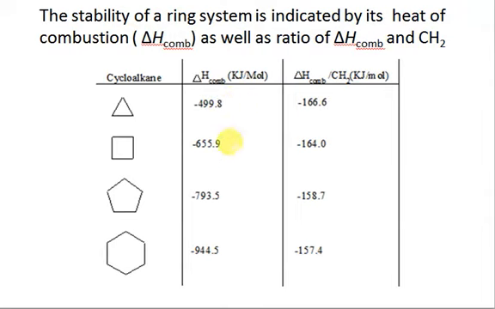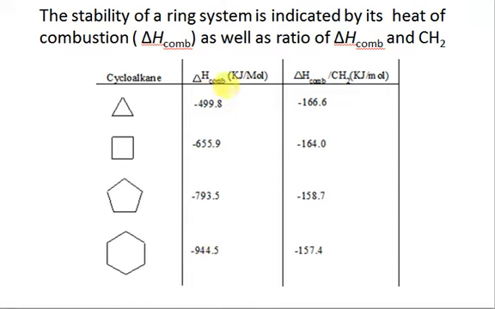So the heat of combustion is decreasing as the ring increases in its size. This is a higher value, minus 499, while minus 655, that's a lower value. So as the ring becomes larger in size, the heat of combustion is decreasing, right? Because the system is becoming more stable.